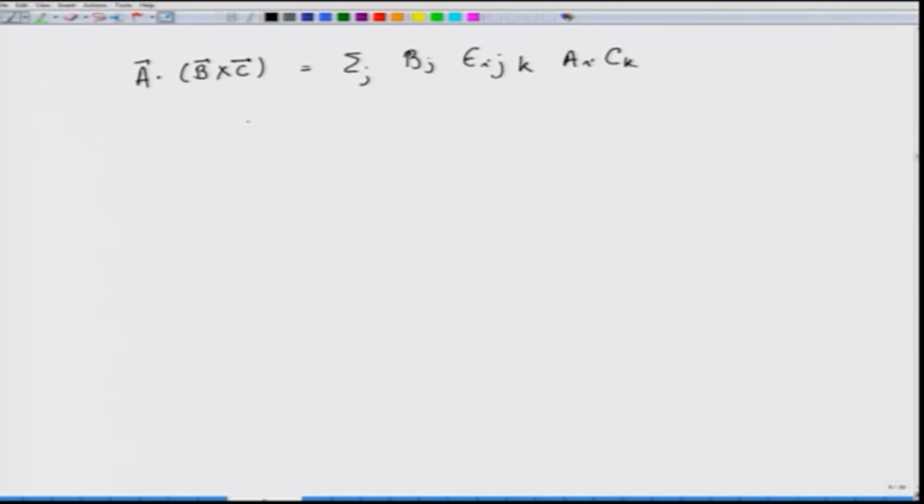I am now going to use the property that epsilon_ijk, this is another property which I did not say in the beginning, is always minus epsilon if I switch two of the indices, j i k.